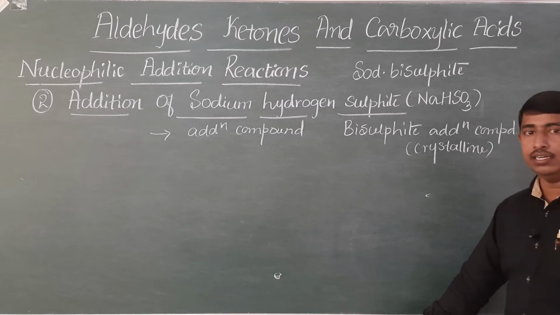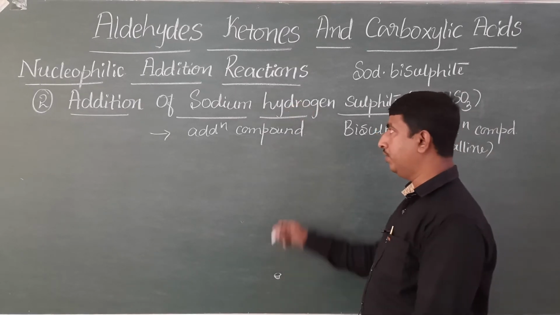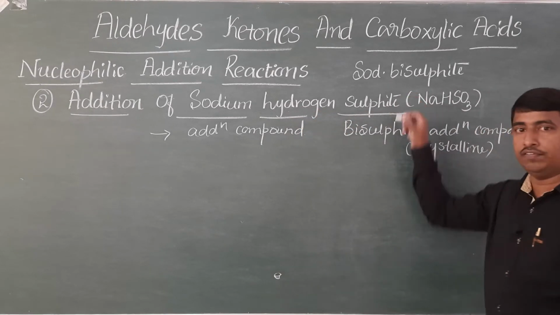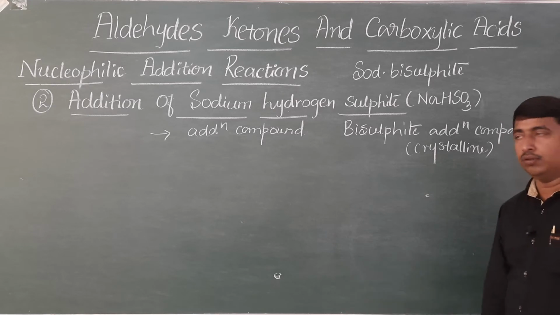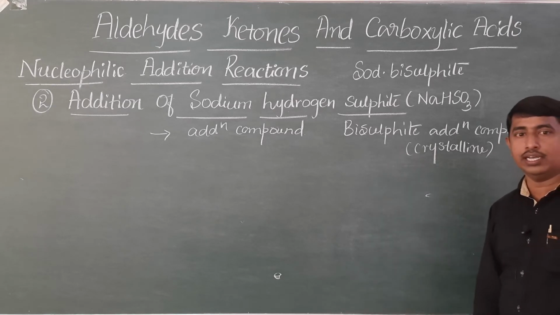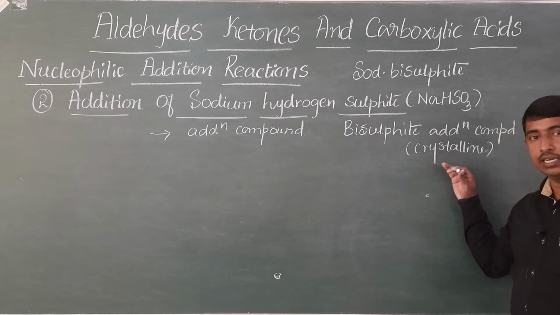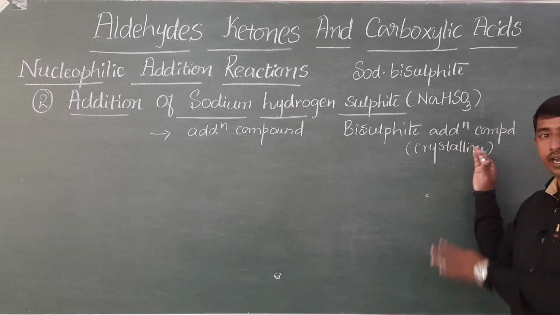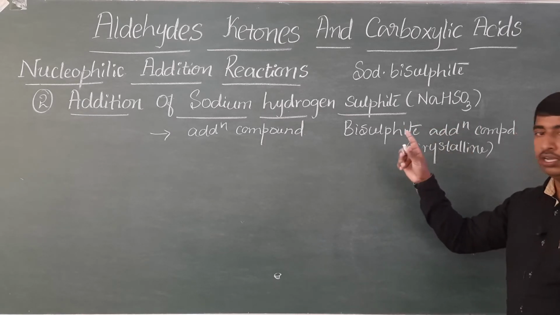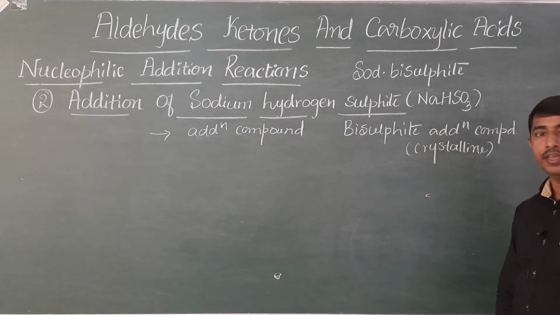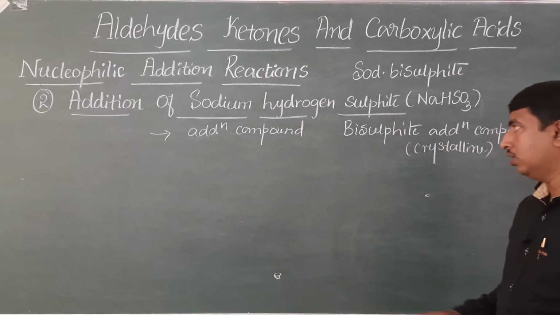So aldehydes and ketones undergo addition reaction with sodium hydrogen sulfide or sodium bisulfite, forming the bisulfite addition compound, which is crystalline and can be converted back to aldehyde or ketone by hydrolyzing with dilute acid.